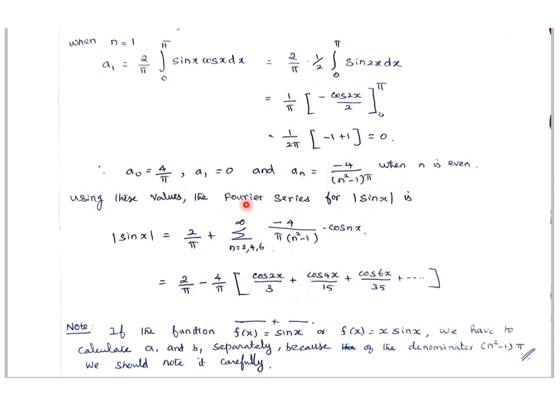Using these values, the Fourier series for modulus of sin x will become as mod sin x is equal to a0 divided by 2. Here a0 equal to 4 by pi.